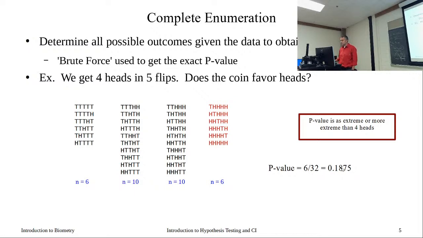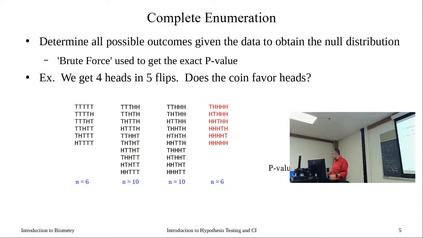So our p-value then is just that proportion of our total. Again, how likely is it we'll do complete enumeration? Probably nil. We probably wouldn't do that at all. All right, but here's a situation.